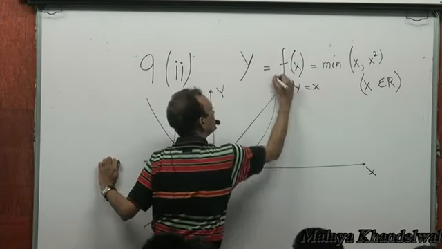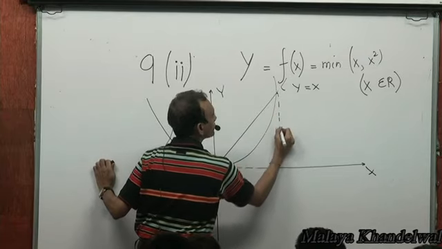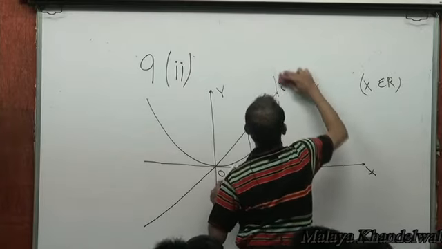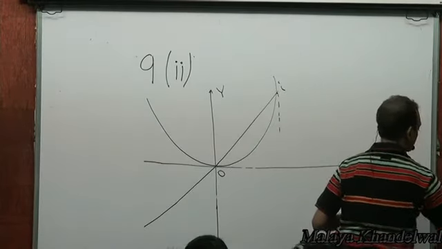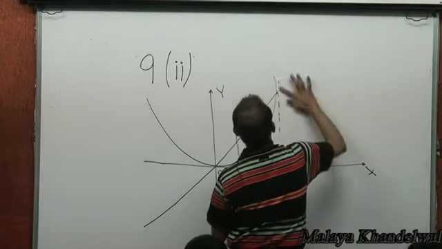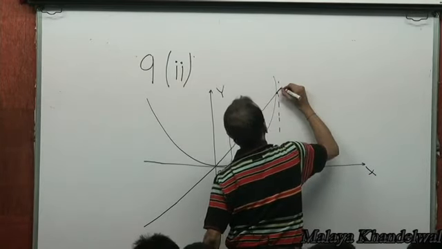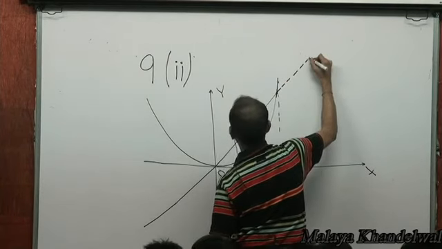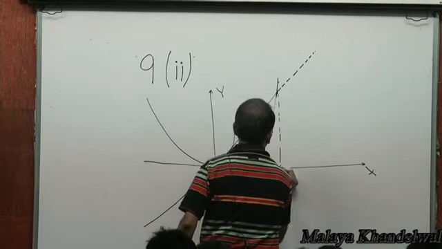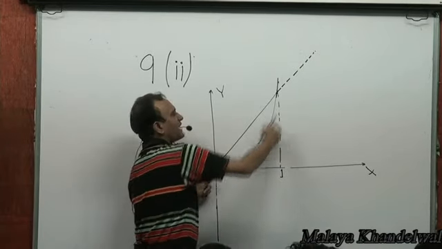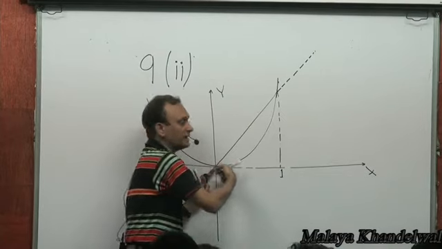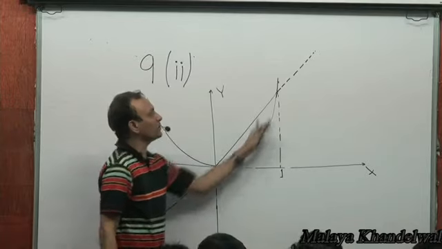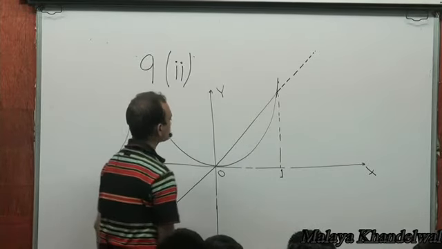X and x squared become equal at x equal to 1. In the interval 0 to 1, x square will be smaller than x, very clearly. That's why the parabola is below y equal to x.